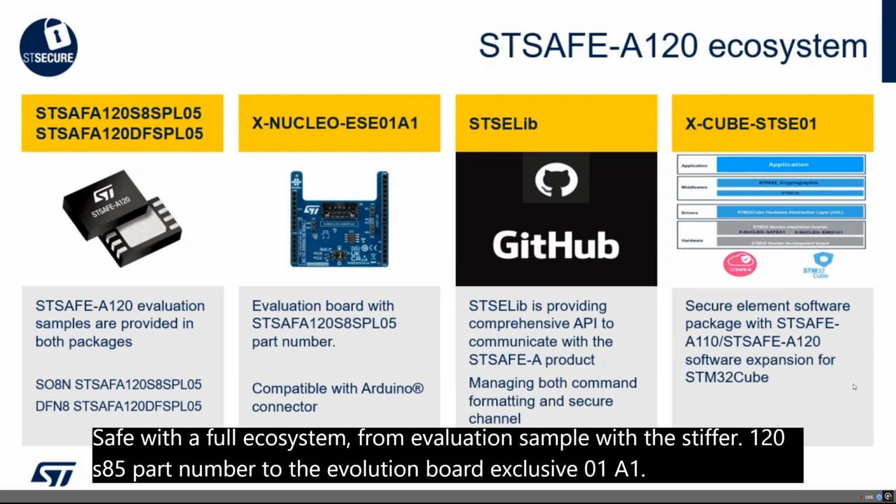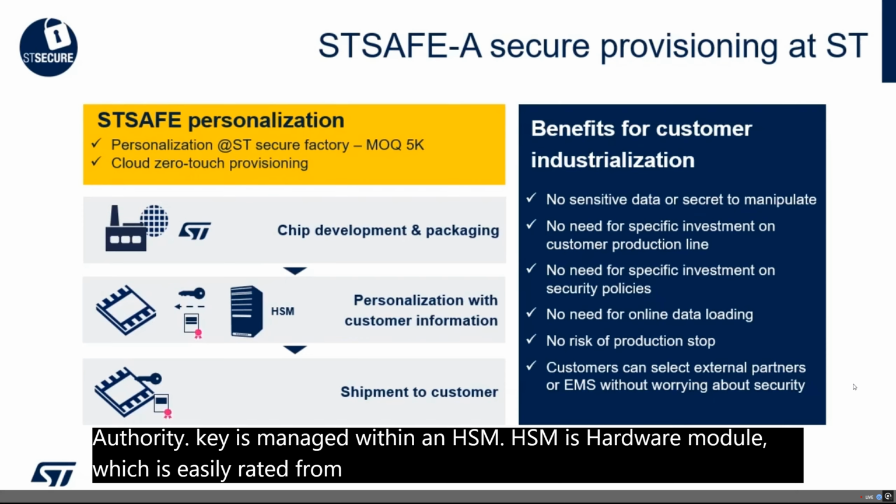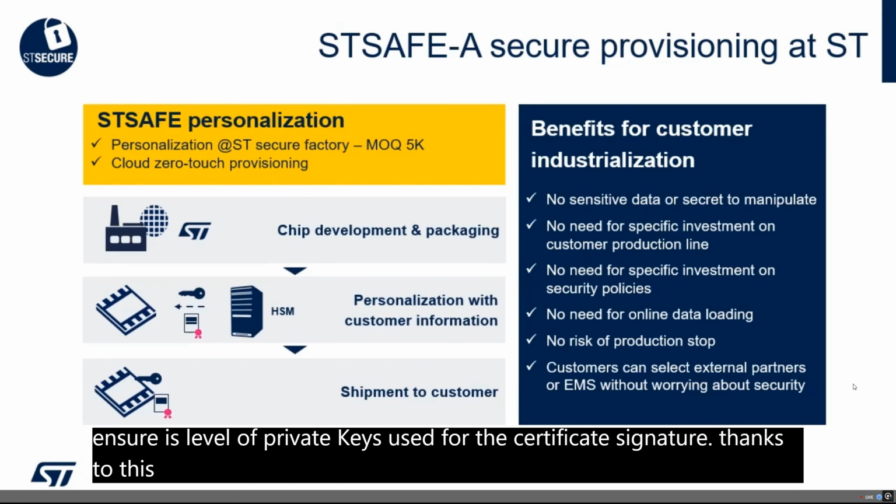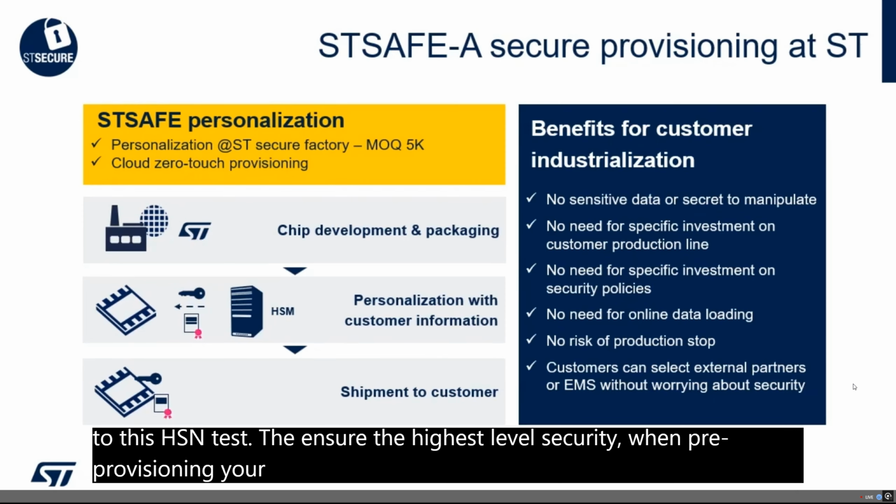HSM is a hardware security module, which is isolated from the external network and has restricted access to ensure the highest level of security of the private keys used for the certificate signature. Thanks to this HSM, ST ensures the highest level of security when pre-provisioning your digital identity into our STSAFE-A120.